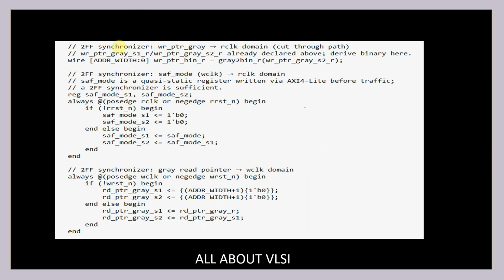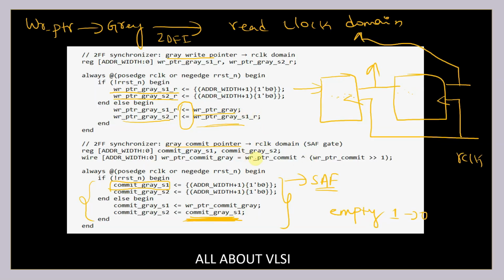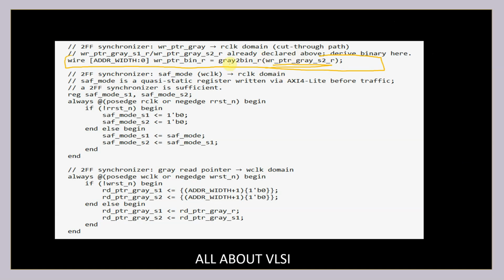Okay. Now over here, we are going to convert in the read clock domain whatever gray information we have got, which is write_pointer_gray_S2_R, which we have got from the 2D flip-flop synchronizer, this particular signal, from the second clock, right? So we are going to convert it into binary. How to convert it? I have written a function which is gray_to_binary_r, and I'm passing this particular signal so that I'm going to get my binary information.